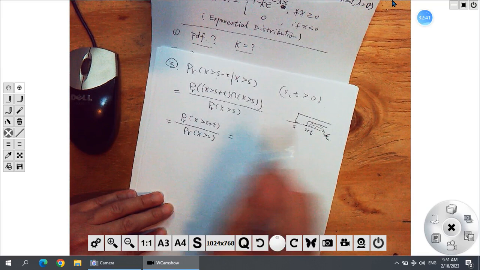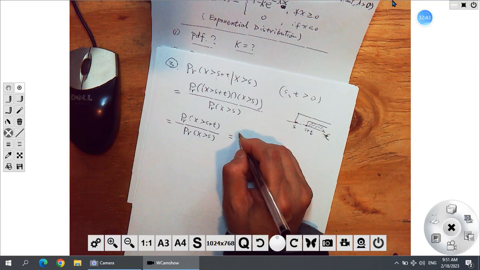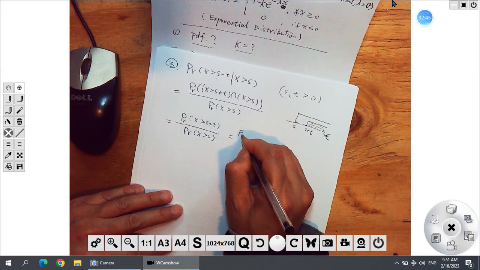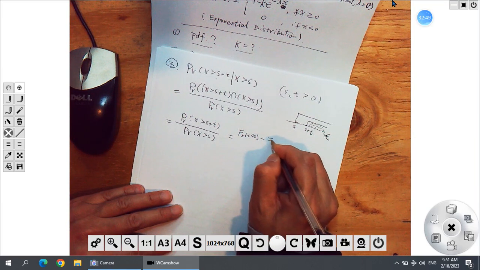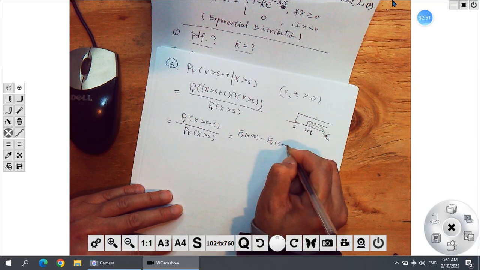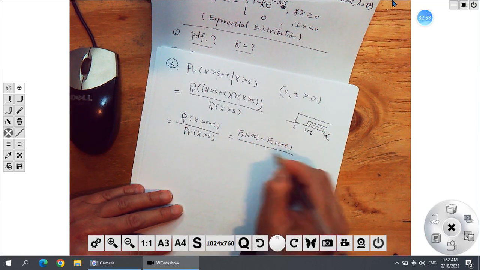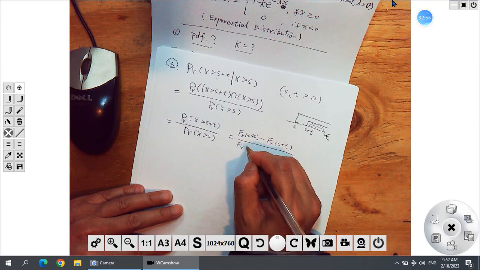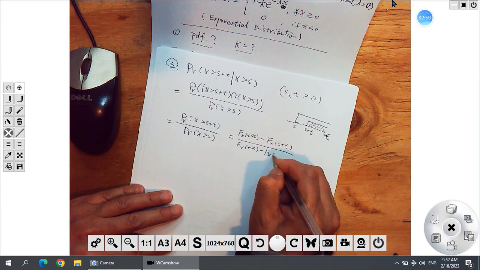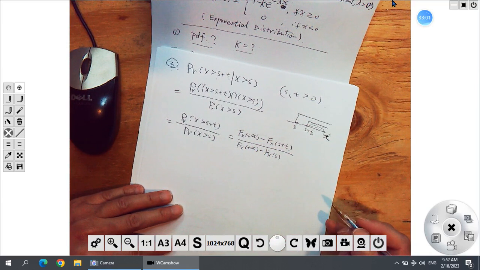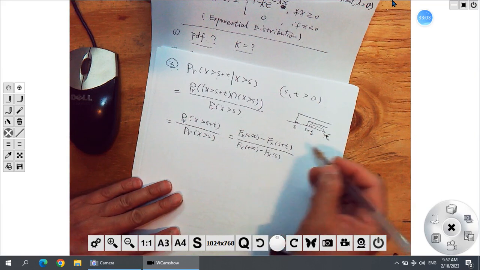We use the CDF to calculate. The numerator will be F_X of positive infinity minus F_X of s plus t, and the denominator is F_X of infinity minus F_X of s.